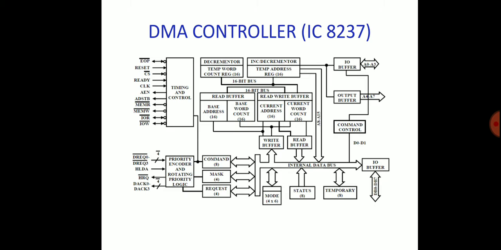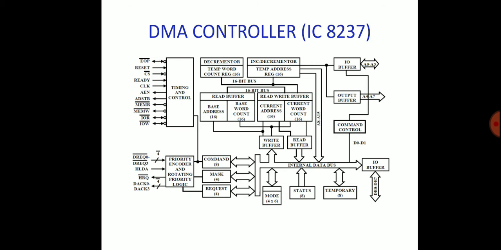The DMA data transfer is initiated only after receiving a hold signal from the CPU. For facilitating the DMA mode of data transfer between several devices, a DMA controller is used. The DMA controller temporarily borrows the address bus, data bus, and control bus from the microprocessor and transfers the data directly from an external device to a series of memory locations.